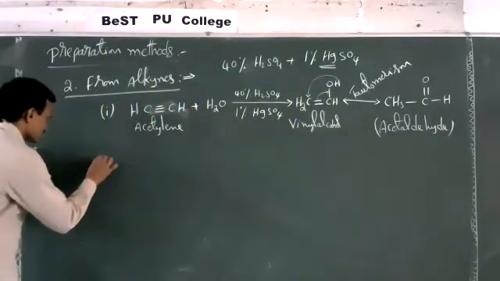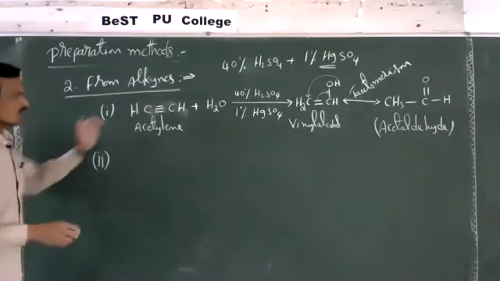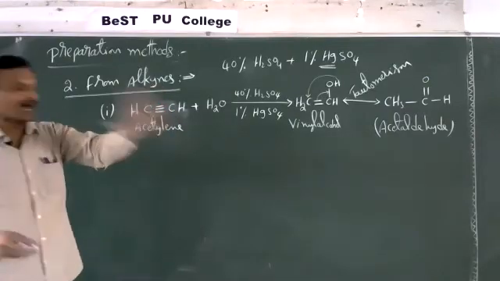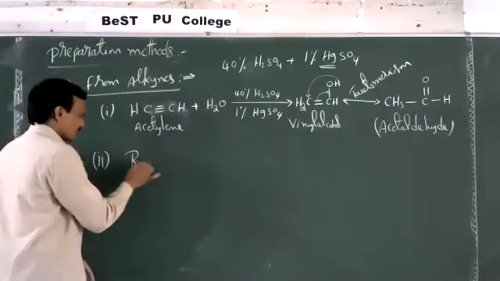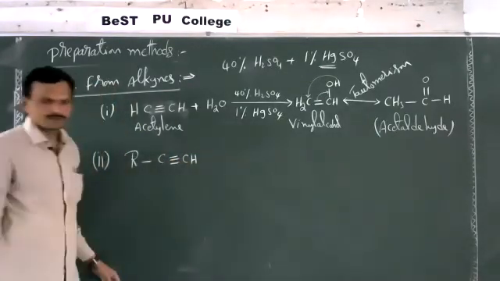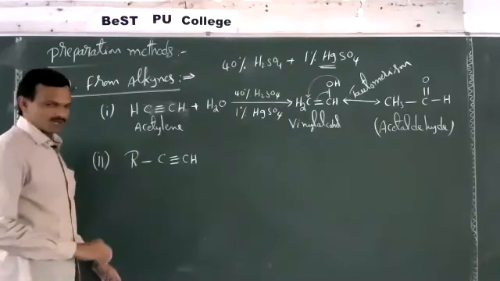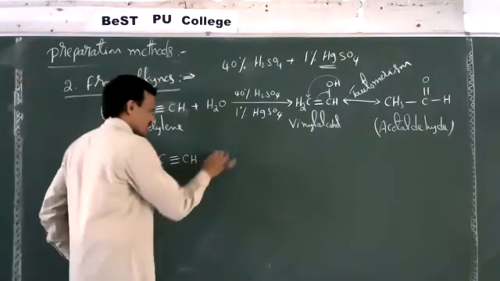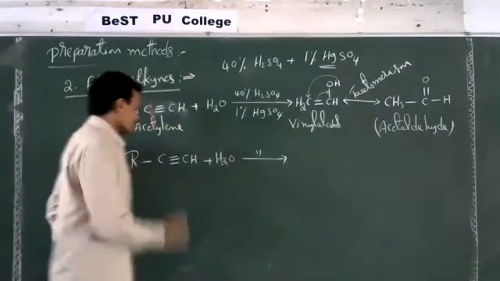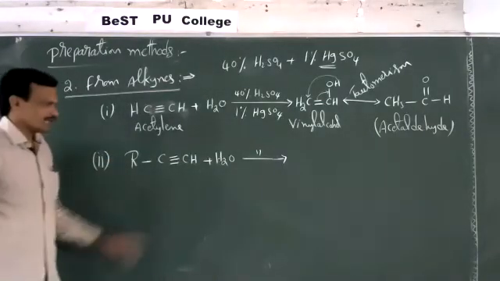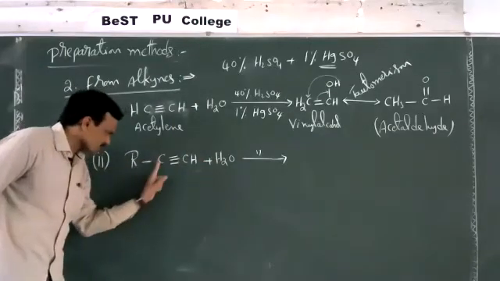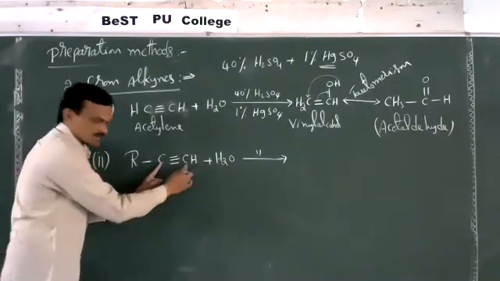Now let us take one more. Other than acetylene, if you take any other alkyne, I'm going to take a general formula here: R C triple bond CH, a terminal alkyne, plus water with the same reagents. Since this is an unsymmetrical alkyne, addition takes place according to Markovnikov rule. That is, OH is attached to this carbon and hydrogen is attached to this carbon.